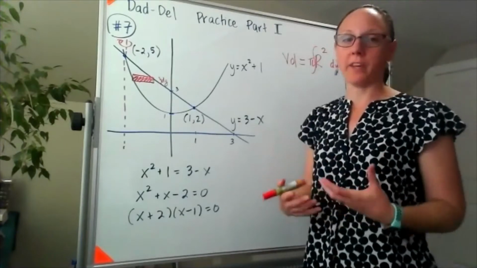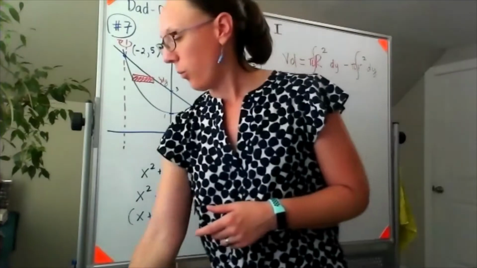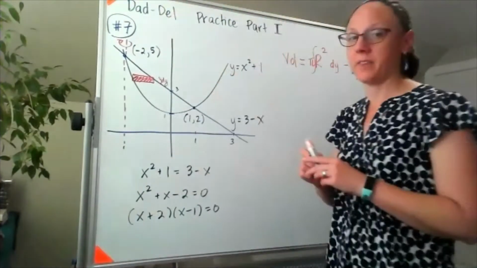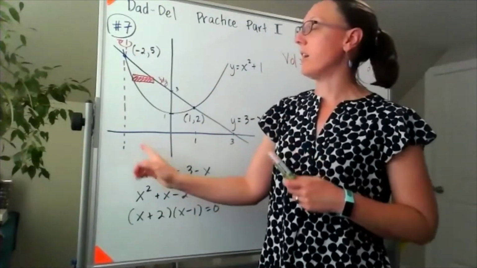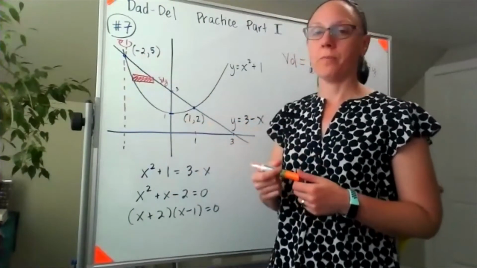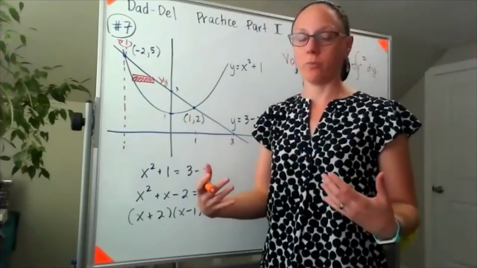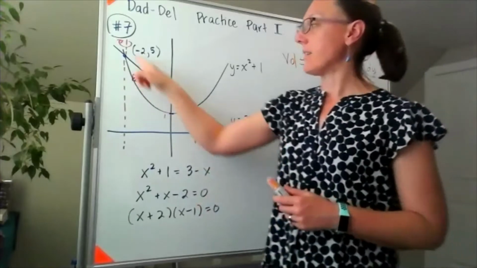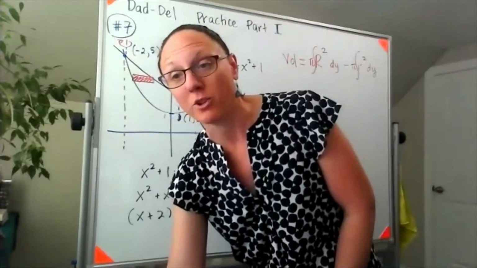There are two complications in this particular question. One complication comes in the fact that because we're revolving around x equals -2, we're always going to find that radius, both the smaller radius and the larger radius, by starting at our axis of rotation and going until we hit an edge of our arbitrary cross-section.